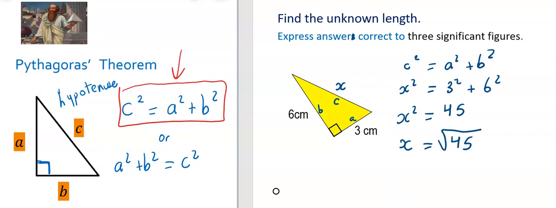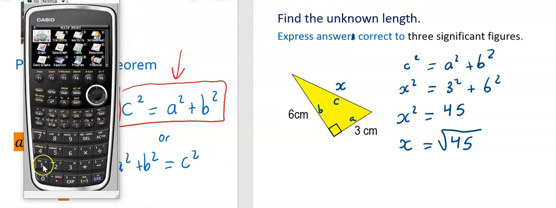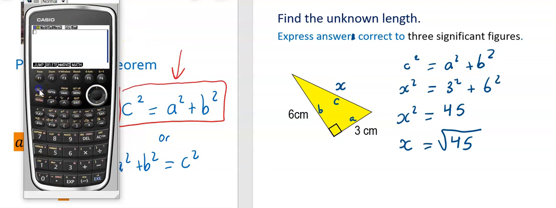If you have your graphics calculator, go and get it and type in square root. We press shift, there's a square root there. We put 45, and notice that it gives me 3 square root 5.